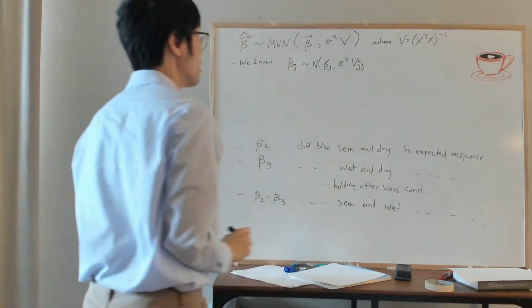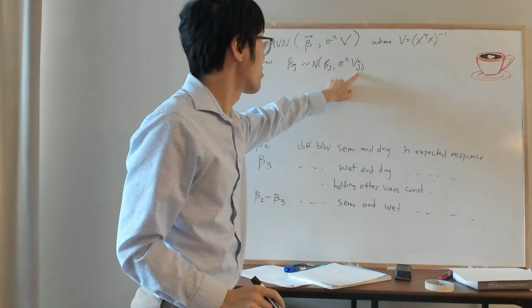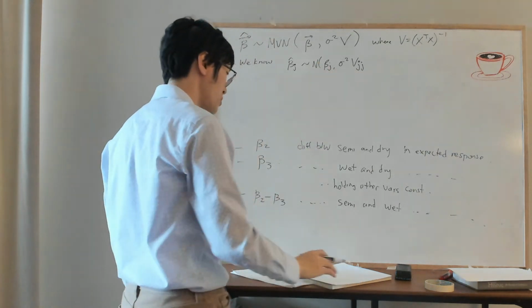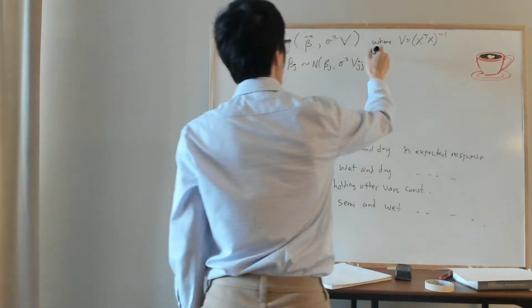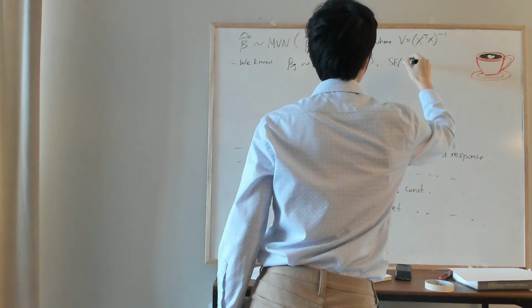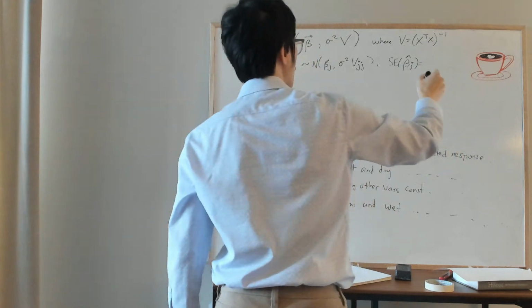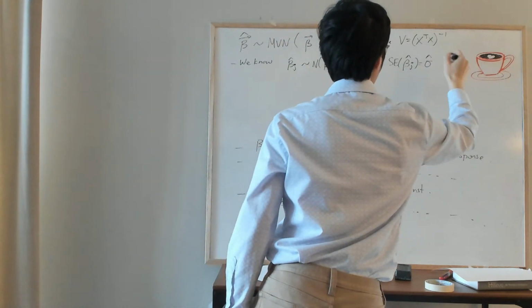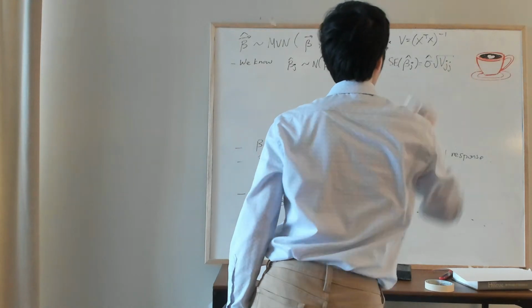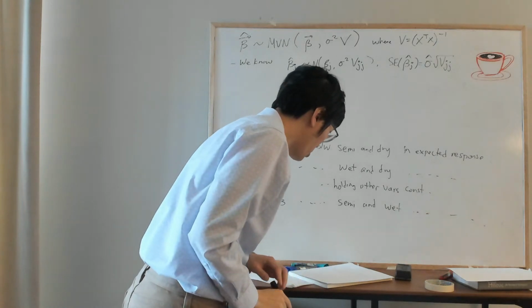So jj is the entry in the jth row and column, in other words, the jth diagonal element of the matrix. And so, in other words, the standard error for an individual parameter is sigma hat root vjj. Okay, so that was from before.